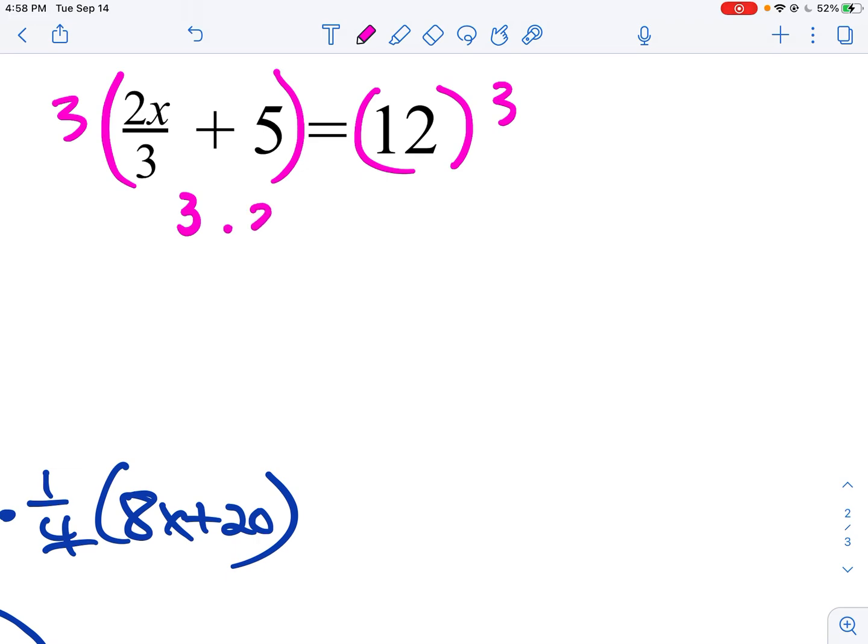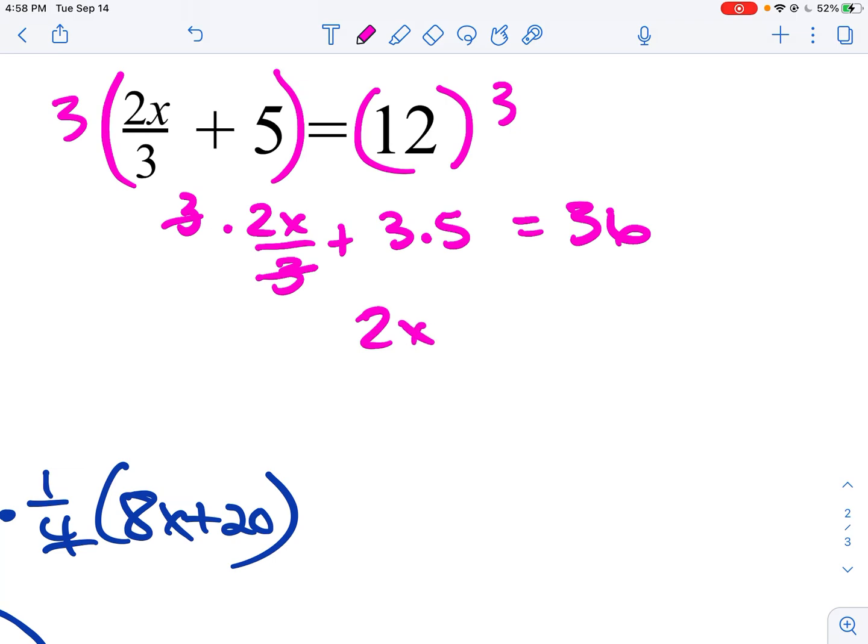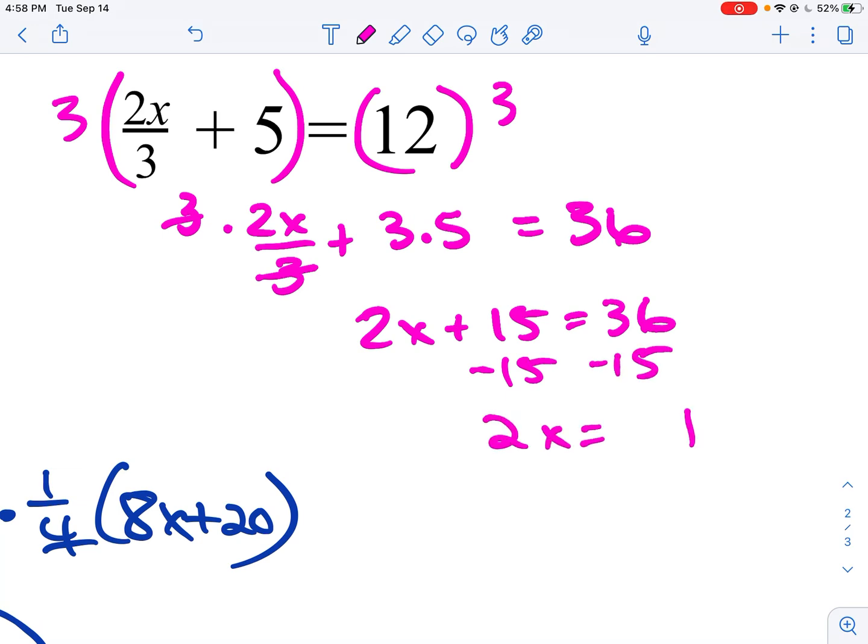So 3 times 2x/3 plus 3 times 5 would equal 36. 3's cancel and I get 2x plus 15 equals 36. I would subtract 15 from both sides. Get 2x equals 21. Divide by 2 and get x equals 21/2.